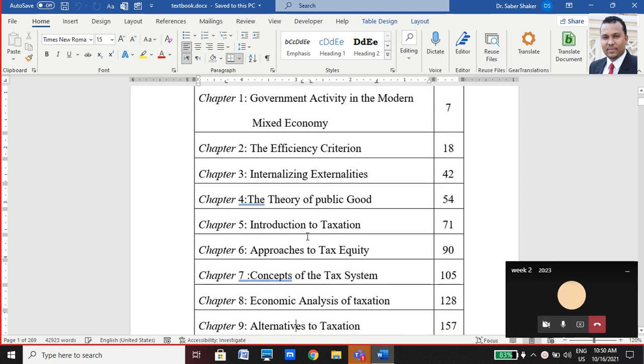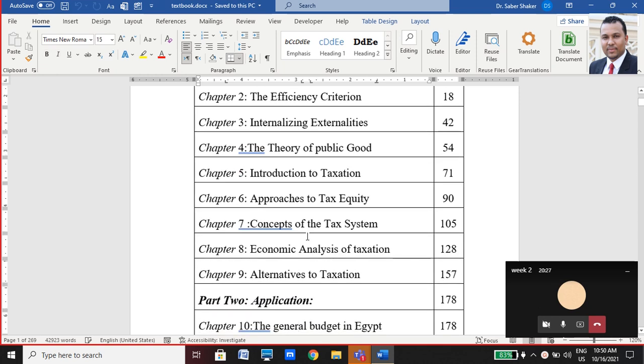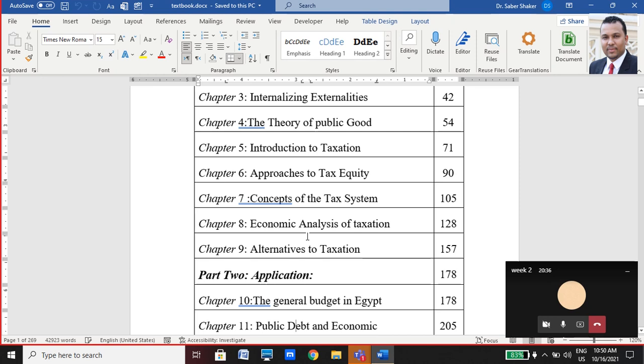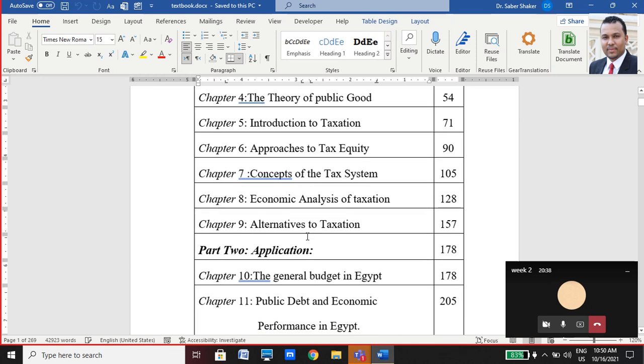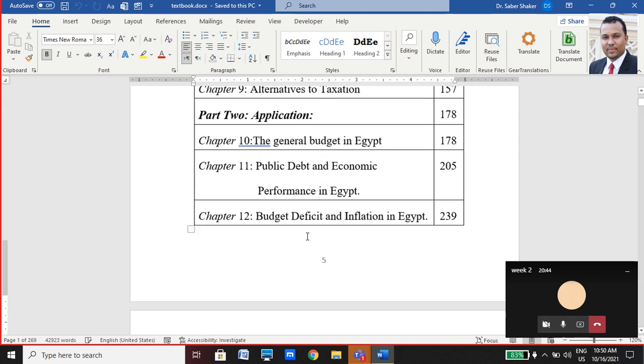Number 3, externalities. Number 4, the theory of public goods. Number 5, introduction to taxation and approaches to tax equity, concepts of the tax system. And chapters 8 and 9, economic analysis of taxation and alternatives to taxation.